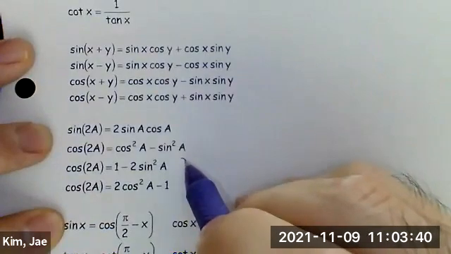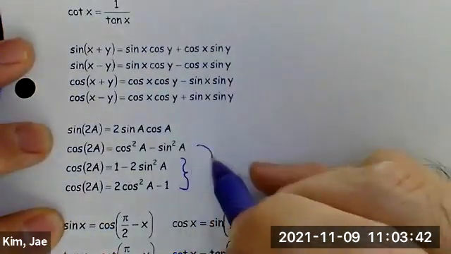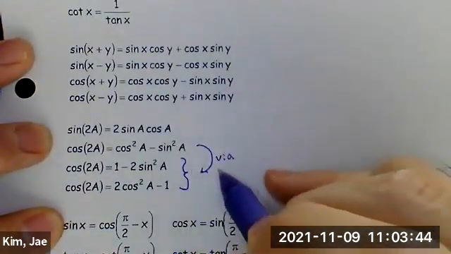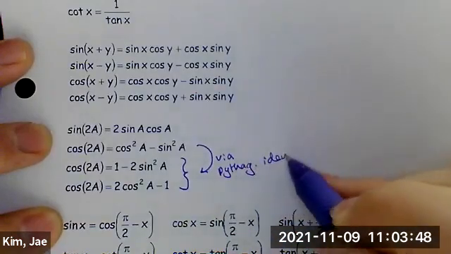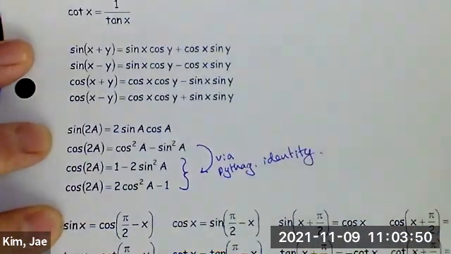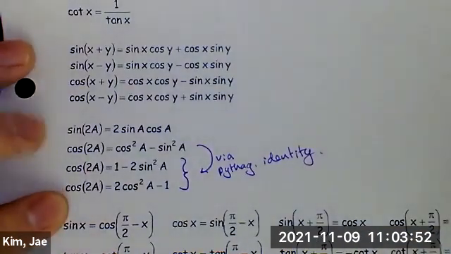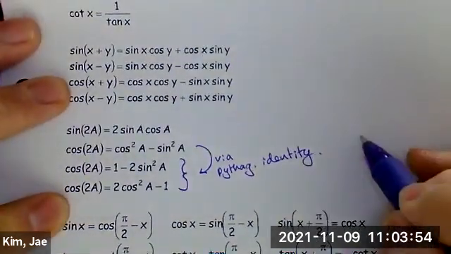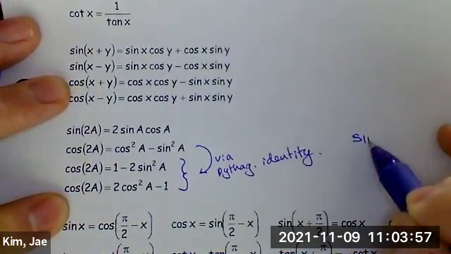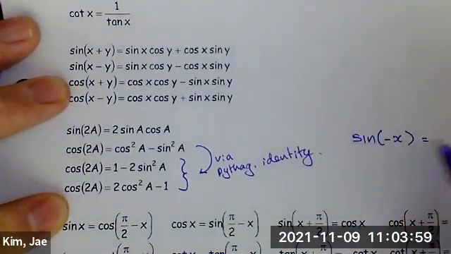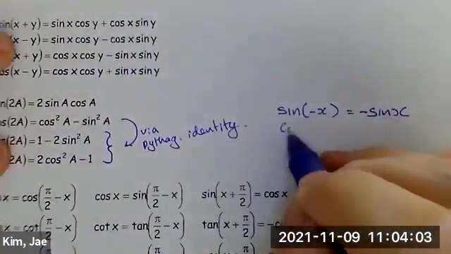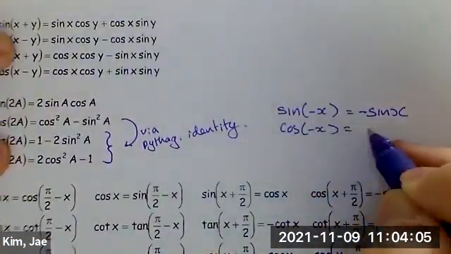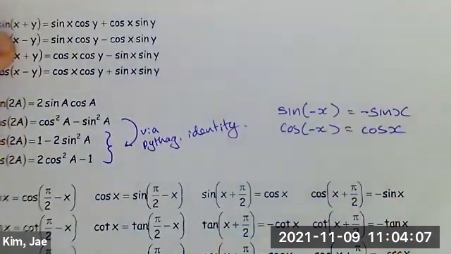Please note, these come from the Pythagorean identity. You may also want to add the fact that sine of negative x is the same as negative sine x. Cos of negative x is equal to positive cos x. Those are all part of your identities.